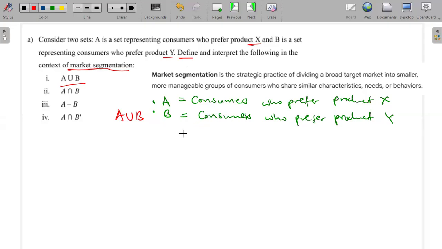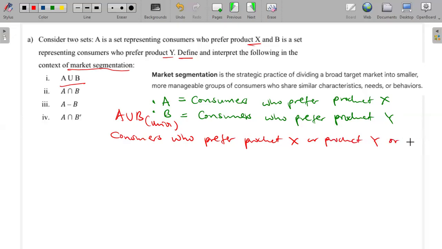In the context of market segmentation, what is A union B going to be? In short, they want us to define what the union will mean. This will be the consumers who prefer product X or product Y. By the definition of the union, it's in one set or the other, or in both.